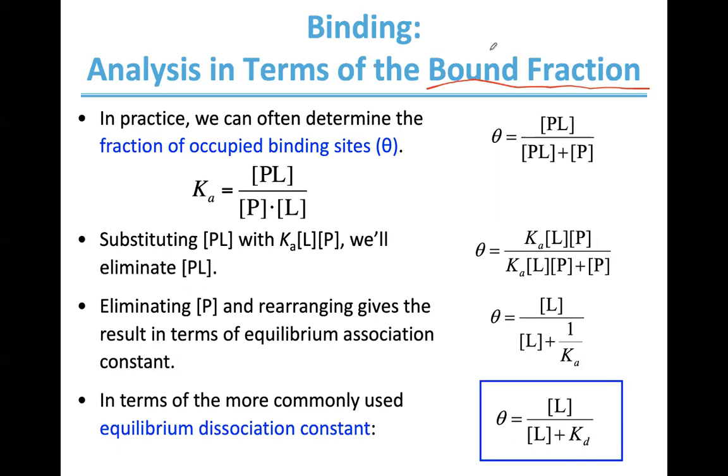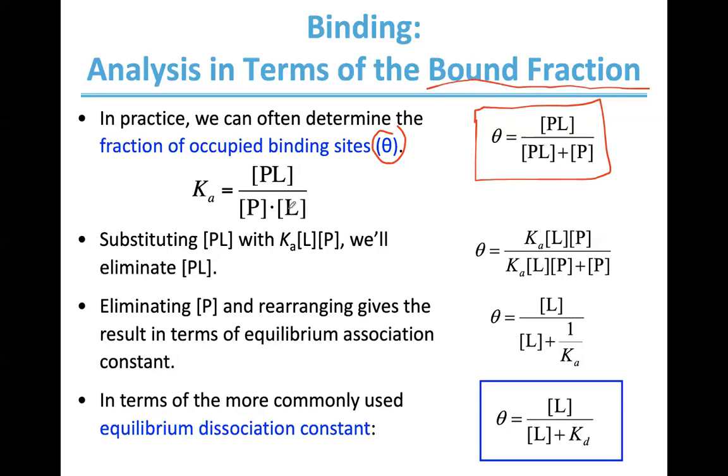So this letter theta is going to be the fraction of occupied binding sites, and we're going to express it using this formula. So theta, basically, this is the amount of protein bound to the ligand in the numerator. And the denominator will have the sum of the amount of protein bound to the ligand and the amount of protein that still remains free.